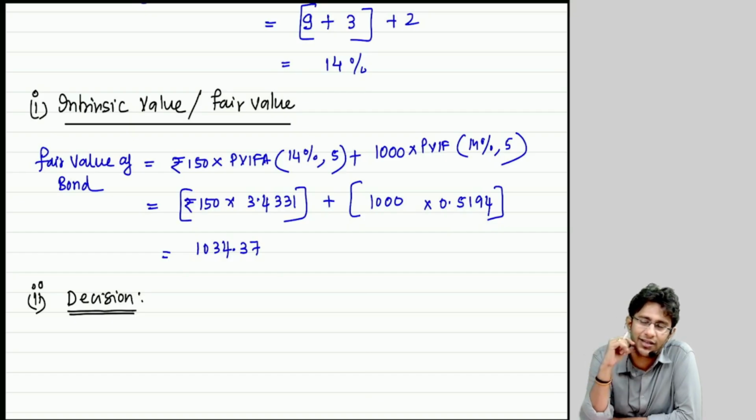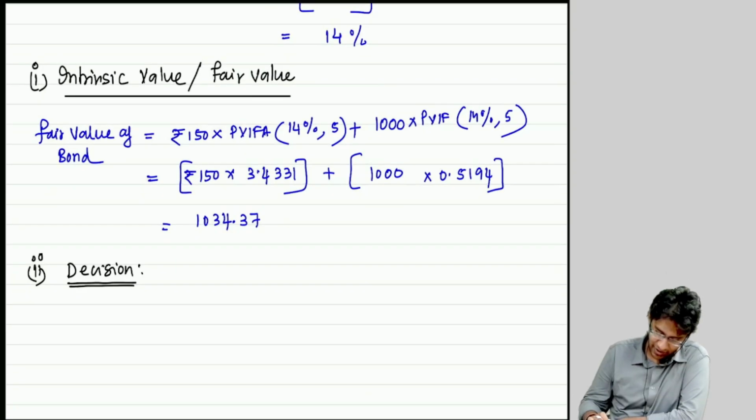The calculation tells you that you are mentally ready to pay 1034. The bond is available at 1025.86. What will you do? Buy or not buy? Overpriced or correctly priced? Underpriced. You should not overreact like, hey, cheap bond, I will not buy. Not like that. You get higher return.